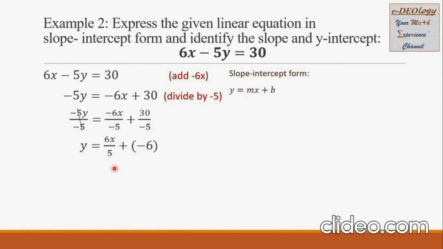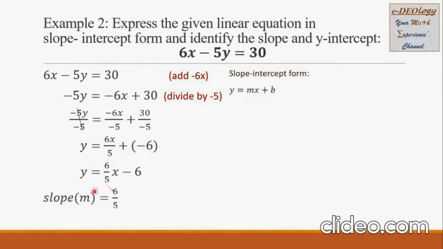On the next line, we can show that the x here has coefficient of a fraction. It can be 6 over 5 times x, while the plus and the negative 6 can be simplified into minus 6. And from here, we will now collect the slope and the y-intercept.